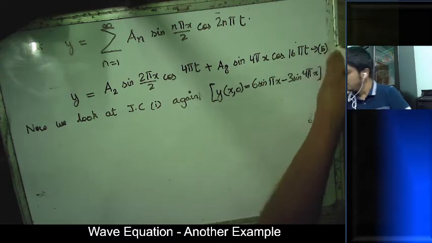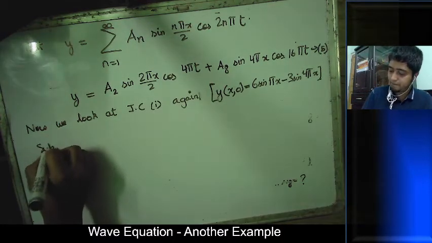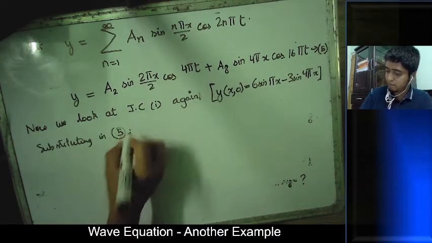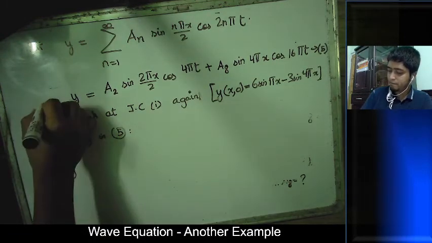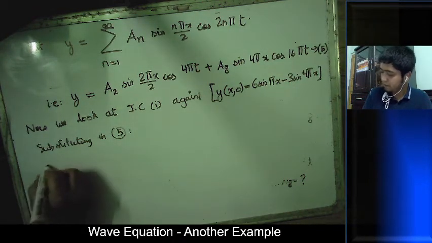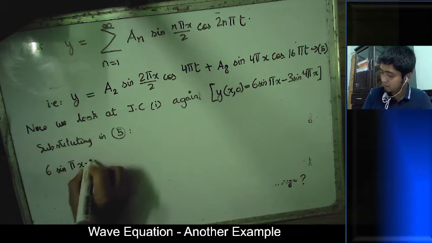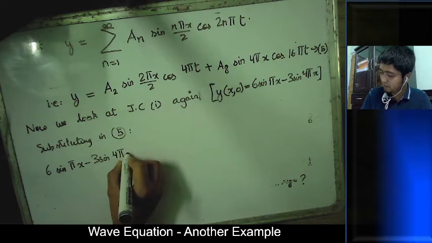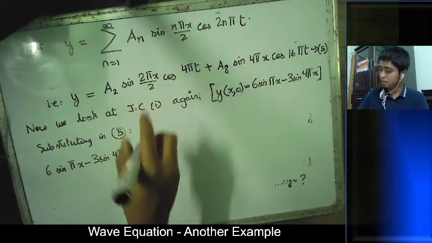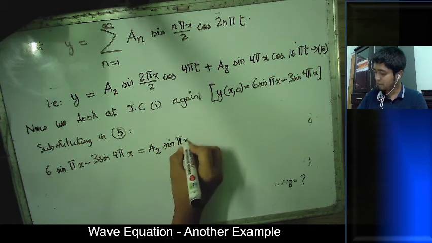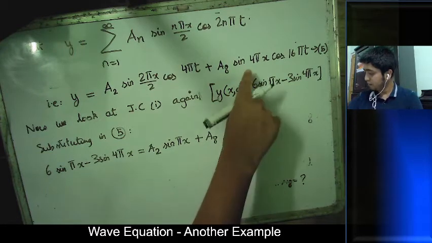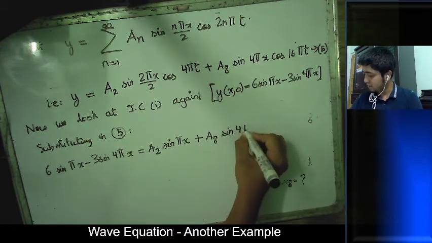Substituting in 5, y equals 6 sin(πx) minus 3 sin(4πx), equal to a₂ at time equal to 0, so we will be having sin(πx) plus a₈ sin(4πx).